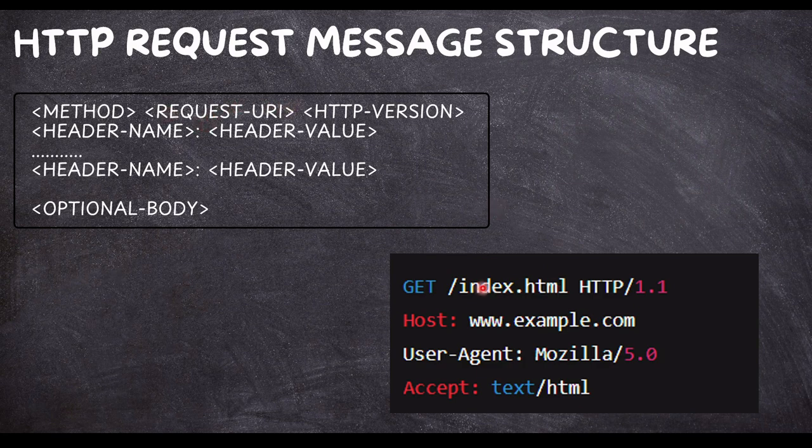So this whole thing, index.html, is basically the request URI, uniform resource identifier. You are submitting a particular location over the internet which you want to receive data from, so you have to specify that in your request. Simple. Let's just take for example, you want to visit amazon.com.